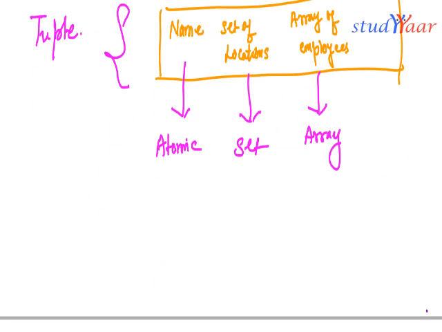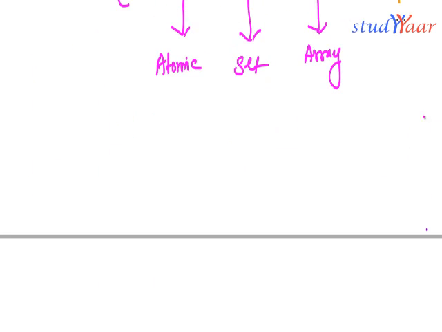A tuple is represented in the form of this arrangement. We list down the attribute, and then we list down the object ID of that attribute.